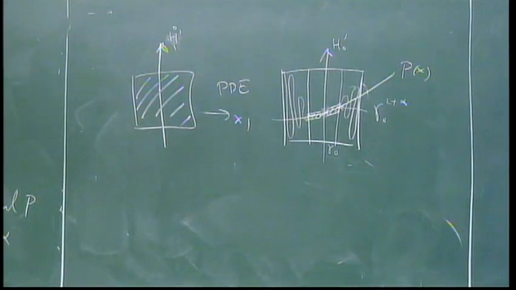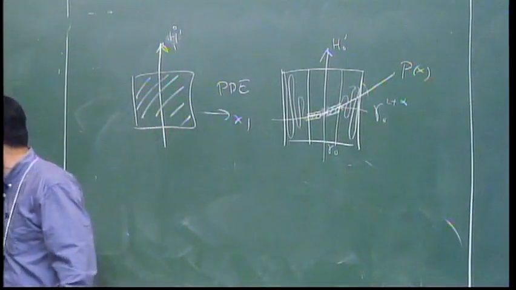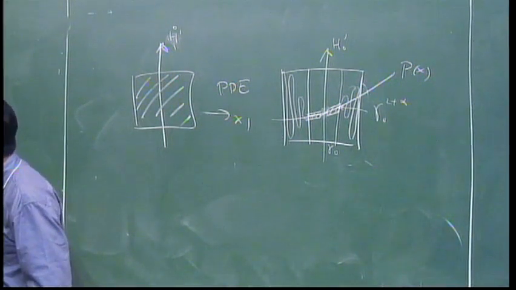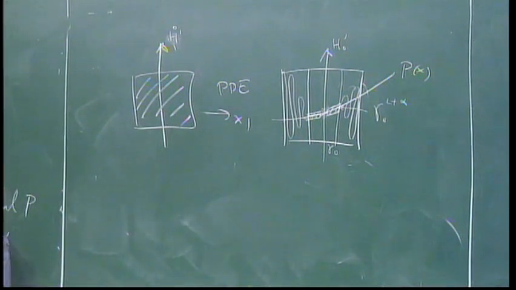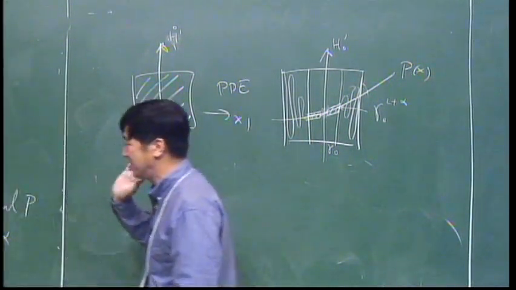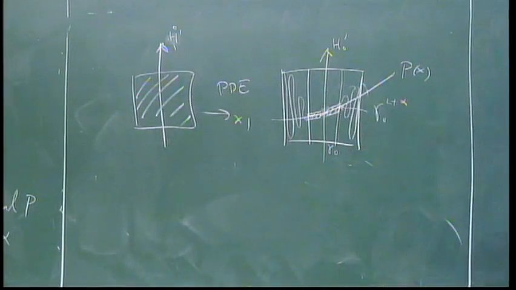Exactly the same picture. Then what do we have at the end of the day? By the way, for this P, the constant term won't be under control because this doesn't give you control of the constant. That's the only difference. But all the second order derivatives and first order derivatives are under control.